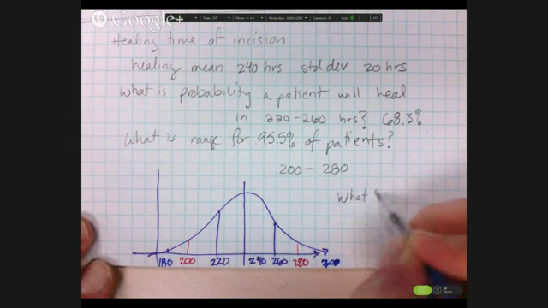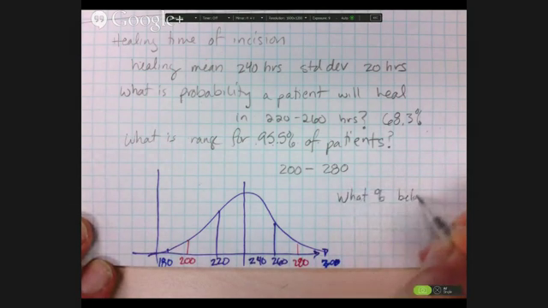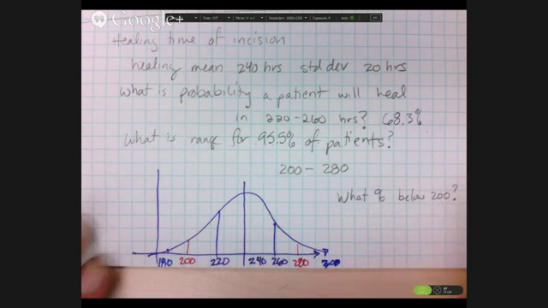What percent is below 200? You're close. How'd you figure that out?